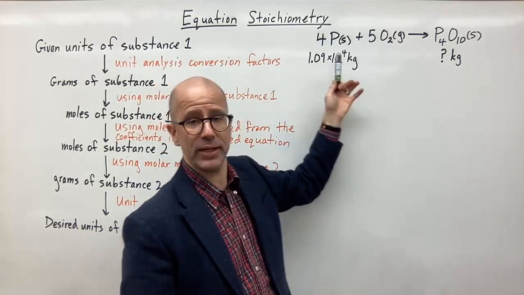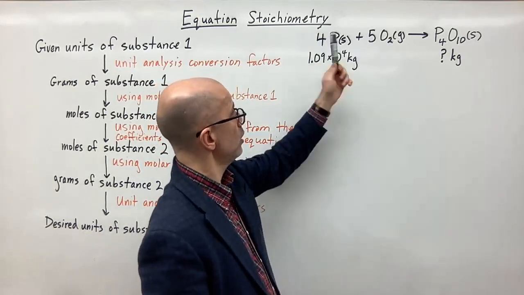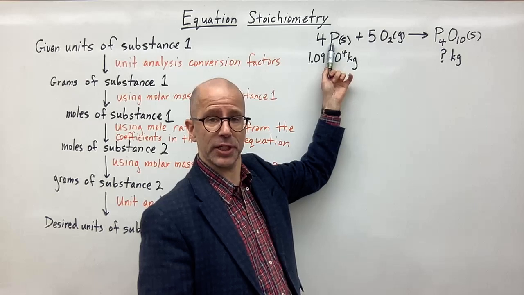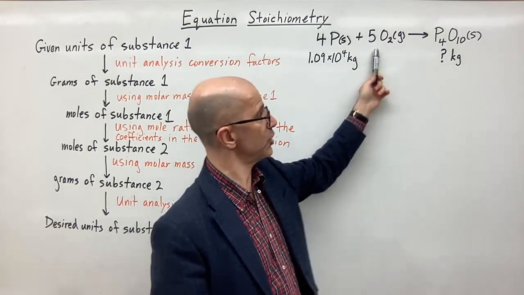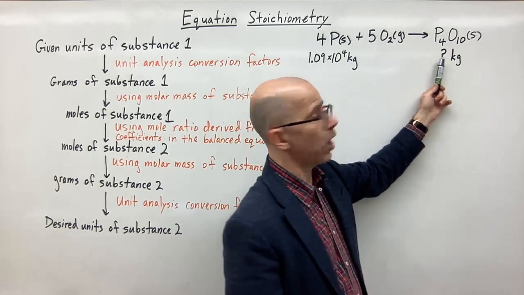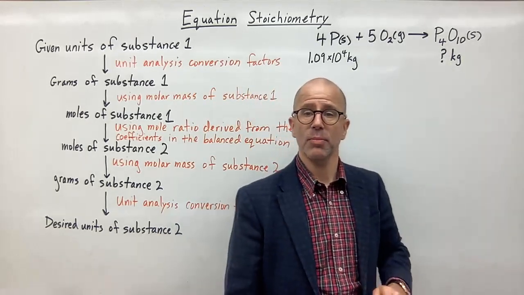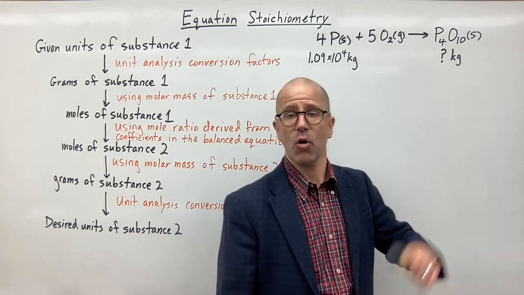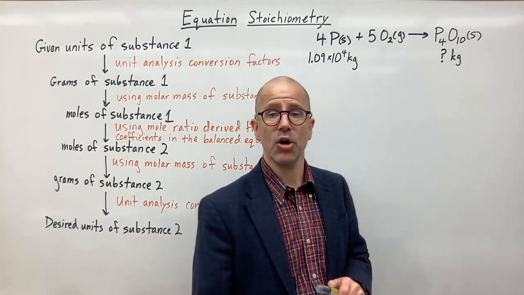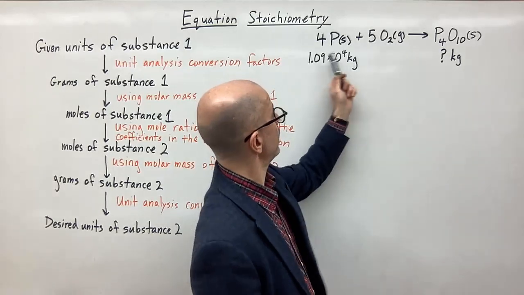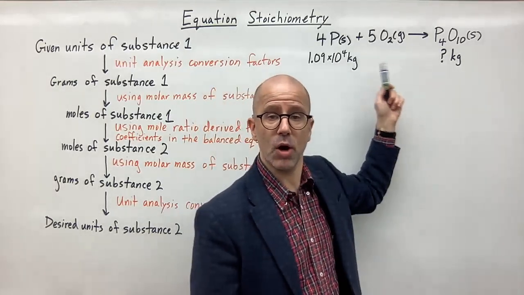So here I can read this as 4 atoms of phosphorus will react with 5 molecules of oxygen to produce 1 molecule of P4O10, or tetraphosphorus decoxide. Okay, so that is one way to read this.